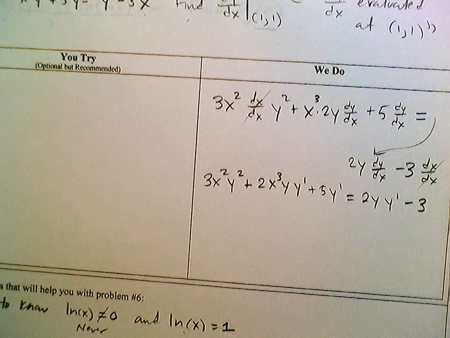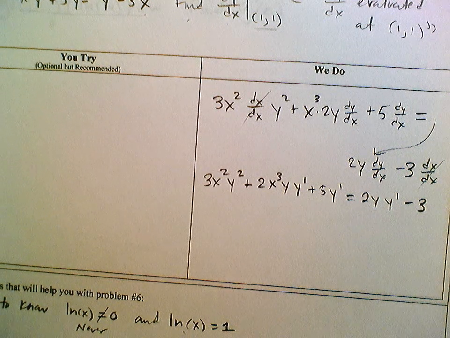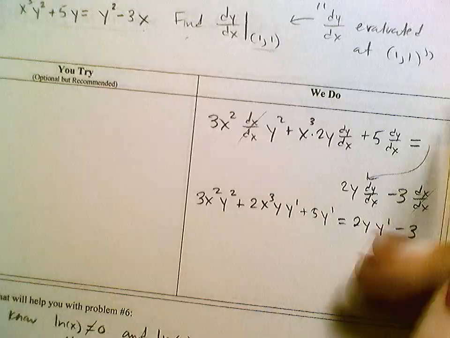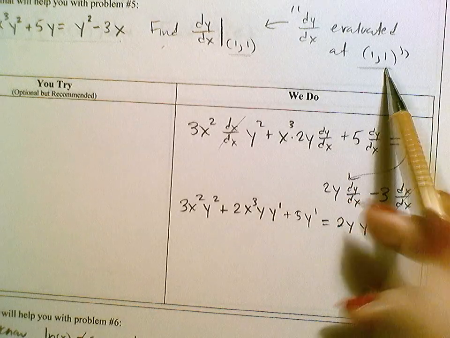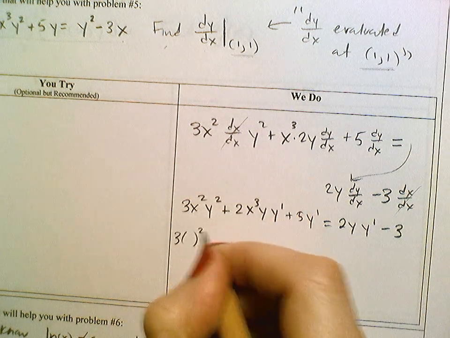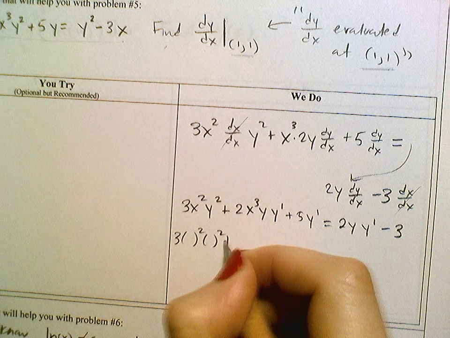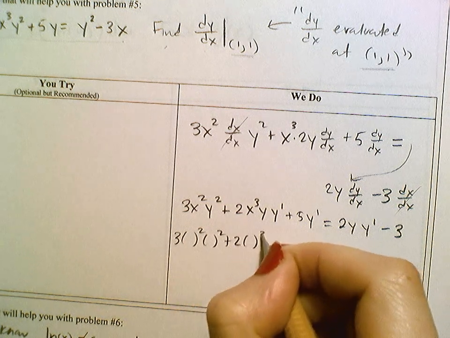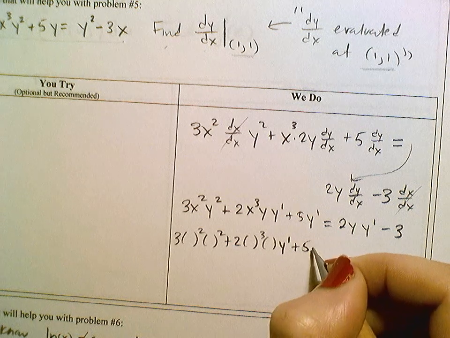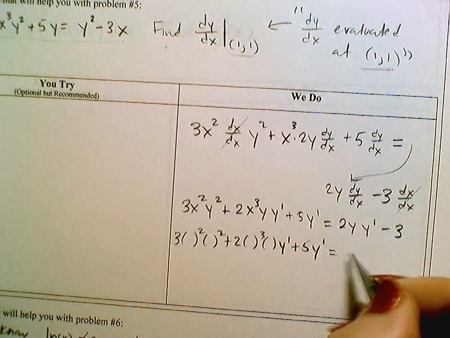Okay, I think I'm right. All right, and now if I were you, instead of solving for y prime, plug this in right now. I'm going to go like this. I'm a placeholder fan, but you don't have to use placeholders if you don't want. It helps me go faster.